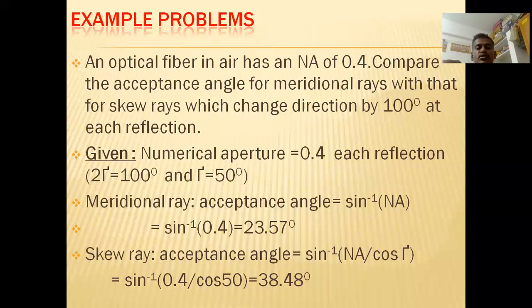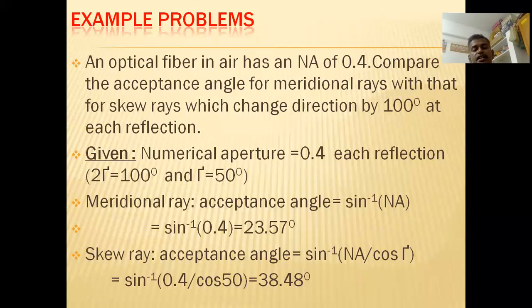So here we are going to calculate the acceptance angle for meridional ray and skew ray. First, the numerical aperture value is 0.4. For each reflection, 2 gamma is equal to 100 degree. For a single reflection, gamma is equal to 50 degree.